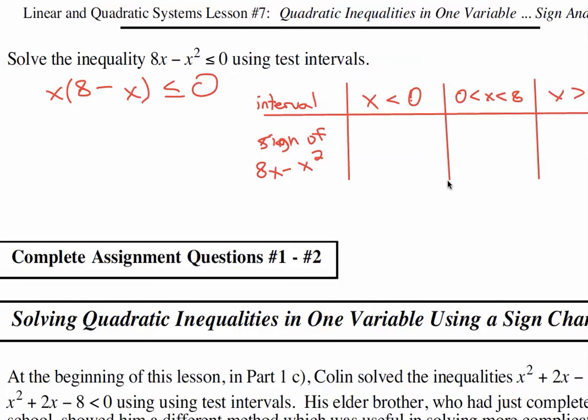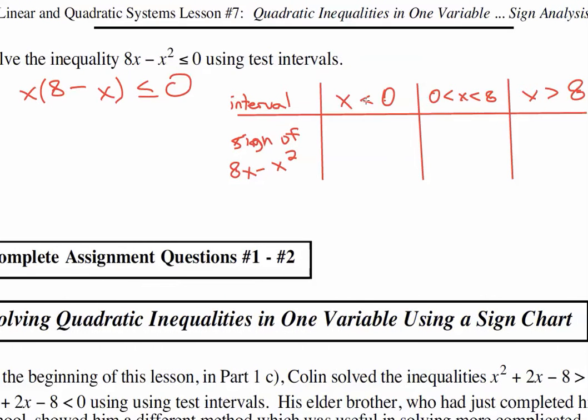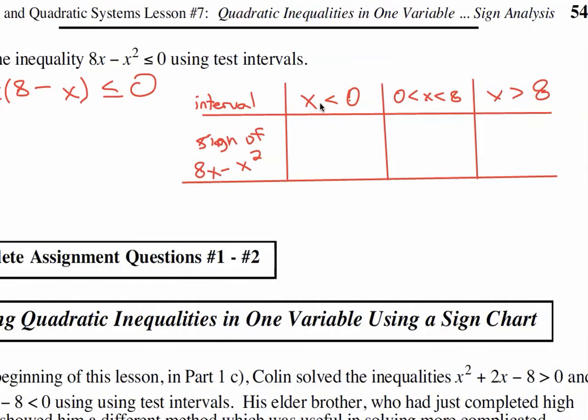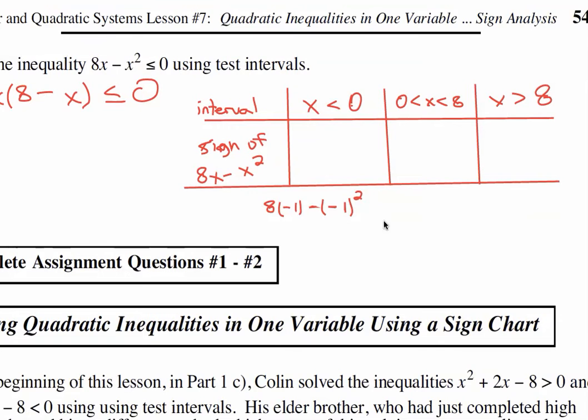So now I'm just going to use test points to determine whether the sign is positive or negative in these three intervals. So let's pick a number when x is less than 0. I'm just going to pick -1. Evaluating this, I'll get -8 minus 1. That will be -9. As -9 is negative, I'm going to write that in this interval. What about when x is between 0 and 8?